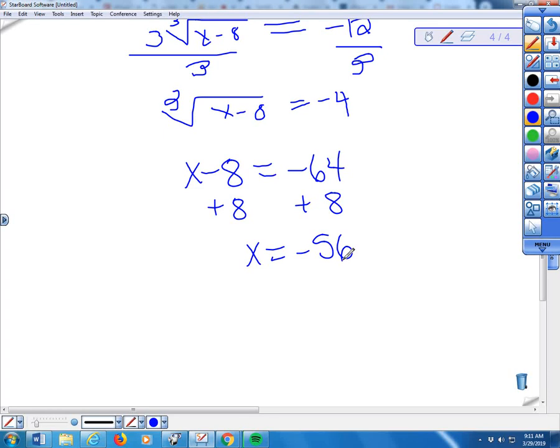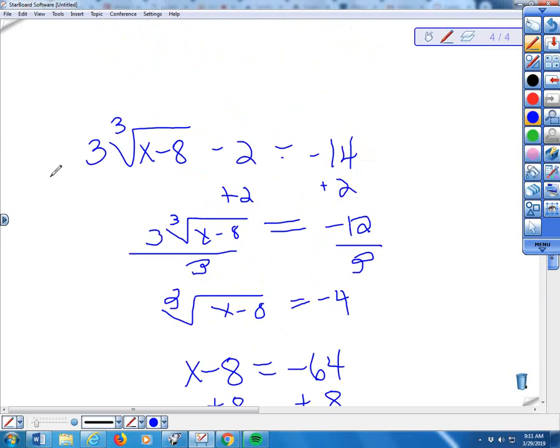So let's plug it back in. Negative 56. 3 times the cube root of negative 56 minus 8, minus 2. See if that equals negative 14. Negative 56 minus 8 is negative 64.